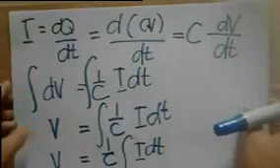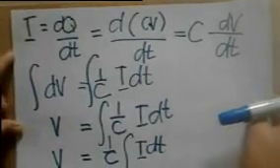So to find the energy W stored in a capacitor, we take both the expression of electrical power, P equals IV, and the definition of power, P equals dW over dt, and we combine them. So IV equals dW over dt, so IV dt equals dW.